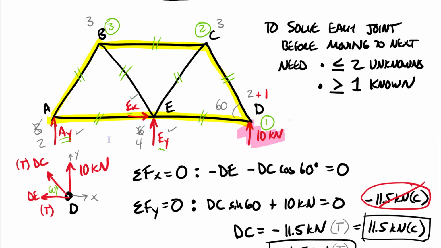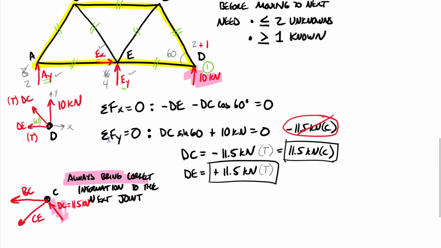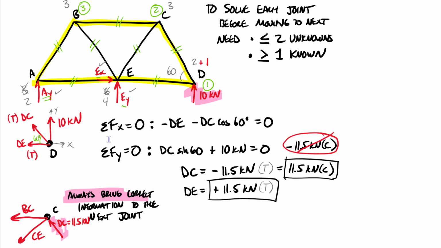But that's the idea of a method of joints problem, is that we find a good place to start. If we don't have a place to start, we take a look at our overall truss free body diagram. We solve for some of these external reactions, just like we would out of chapter 5 with a rigid body. We then jump into doing two equation, two unknown from a concurrent force free body diagram of each joint. I assume often that everything's in tension, and then I use my math to check out if it's in compression.